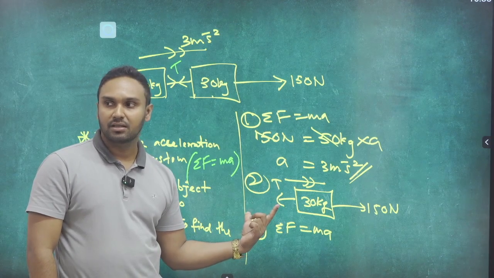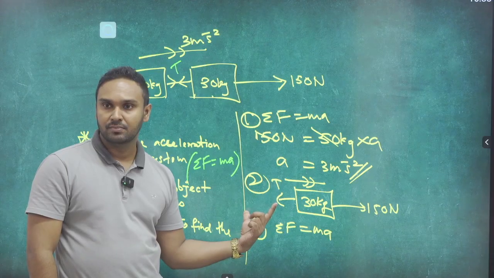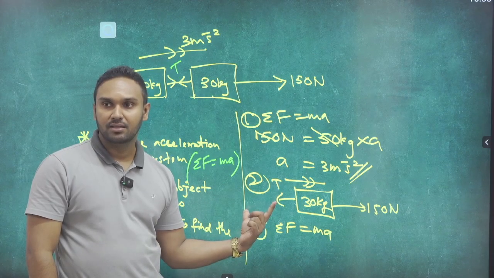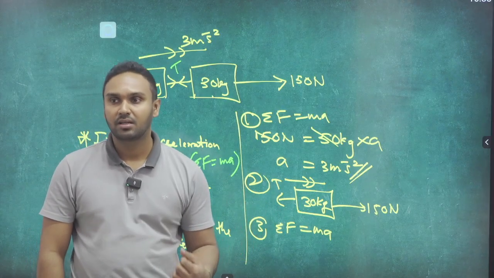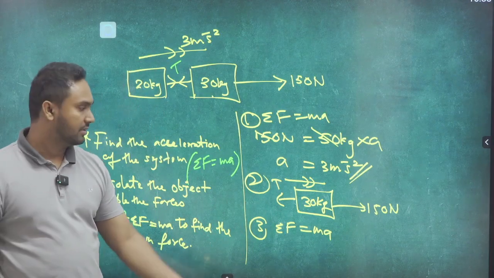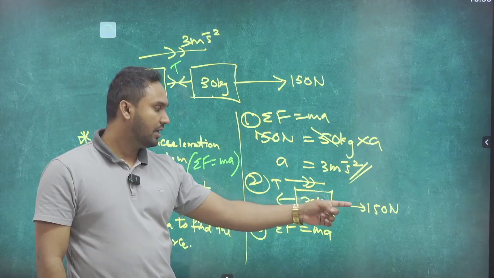And how do you get the resultant of this? If two forces are acting opposite to each other, you deduct it, right? So what do you deduct by what?